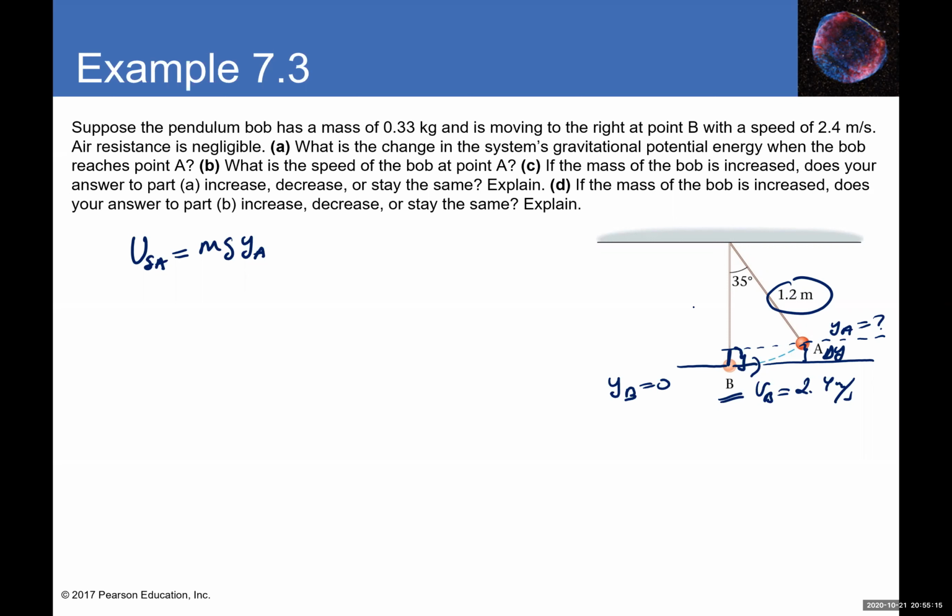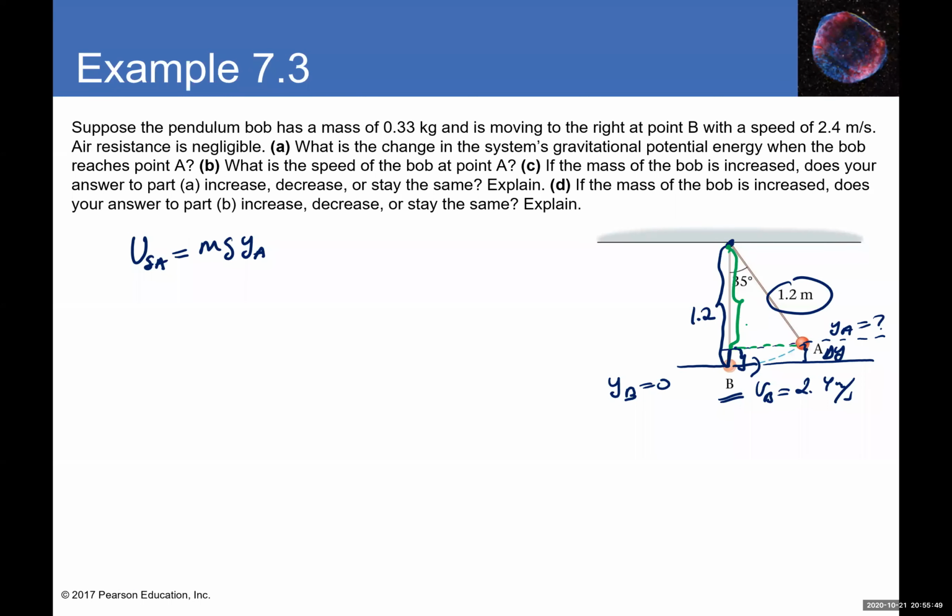Now, the same 1.2 meters is here. That means this distance is also 1.2 meters. Because it's fixed at this point, when it's moving to the right, it actually goes up a little bit. And this distance, let me make it a different color. So this distance can be calculated as the projection of the string when it's 35 degrees with respect to the vertical position.